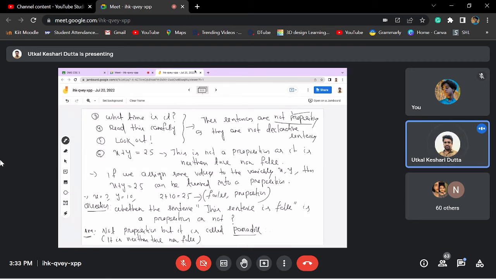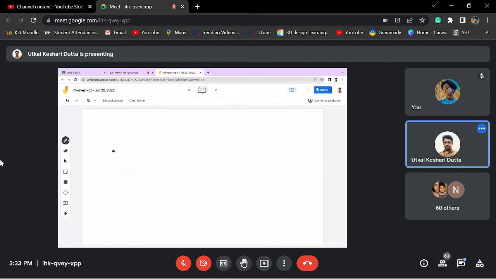Okay, see, then we move forward. Generally, what are the notations of propositions? As you know, in denoting propositions, we use small letters P, Q, R, S as propositional variables.